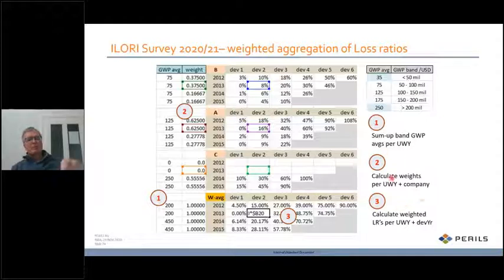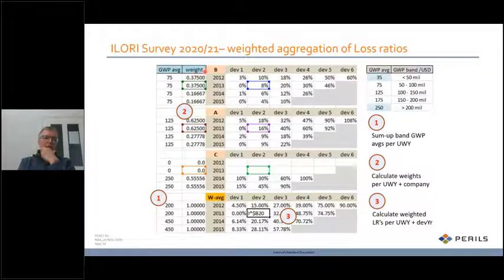These are the numbers which are circled with the red 2, and in the column is stated weight. So this is the weight of the premium volume of that particular company in view of the entire summarized premium of all companies.